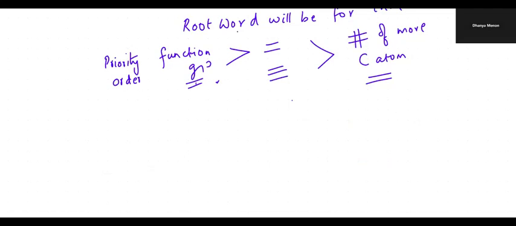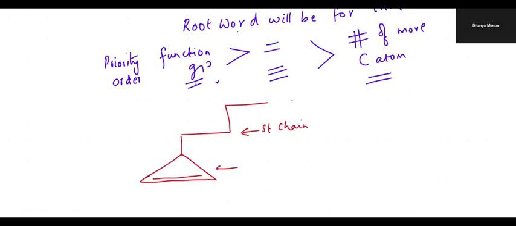Another example. Okay, now over here, this is the straight chain. This is the ring. Which one will become the root word? Go for functional group; there's no functional group.